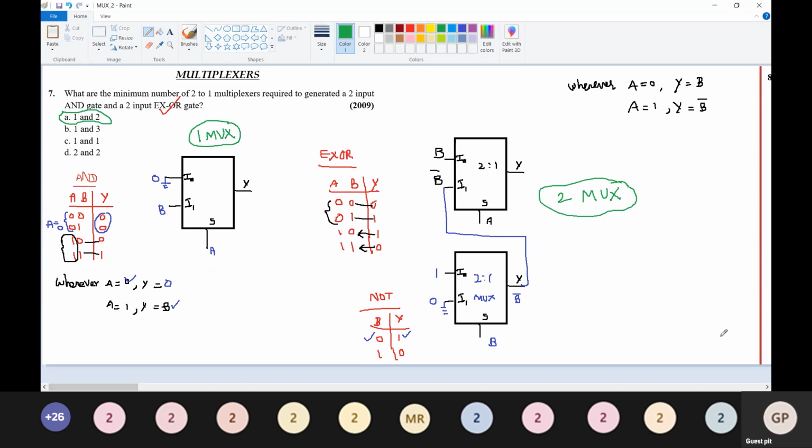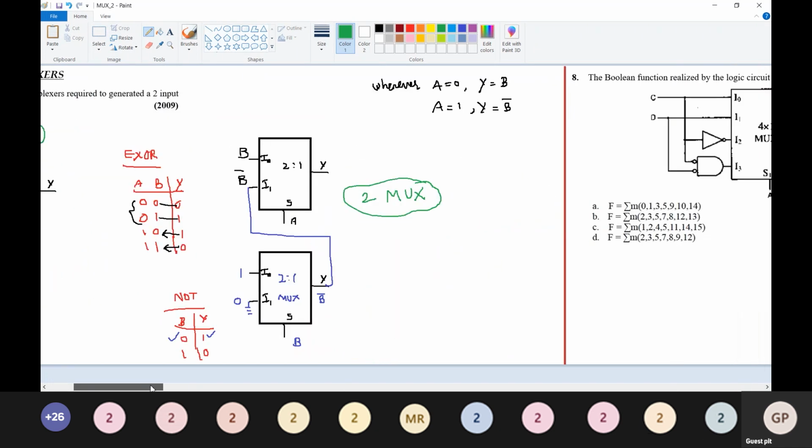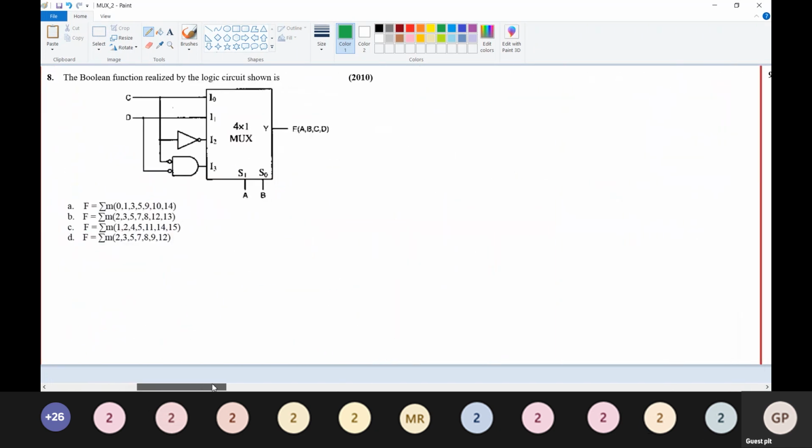Now we move to the next question. In the second question, it is given: the Boolean function realized by the logic circuit shown is. So we are going to find the Boolean function realized by the given 4:1 multiplexer.